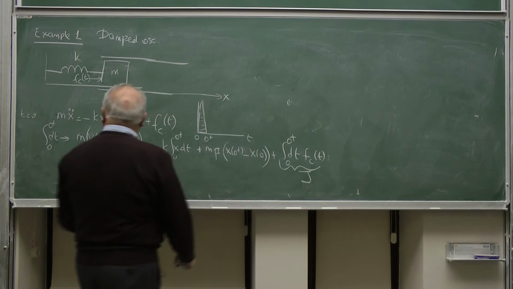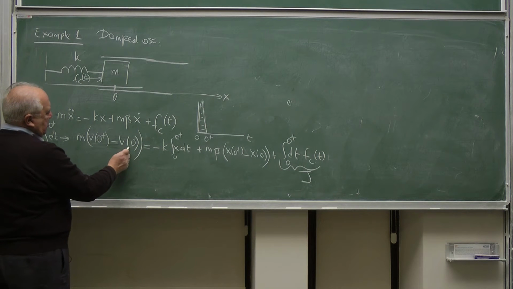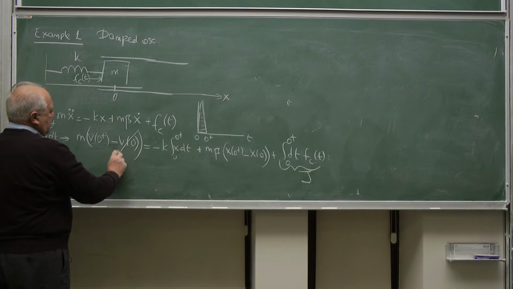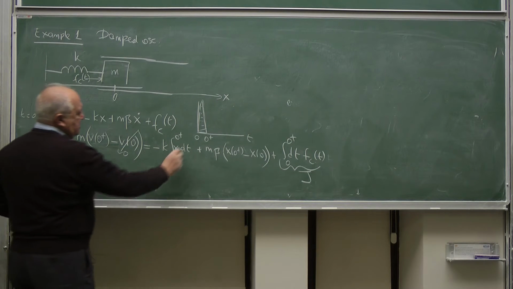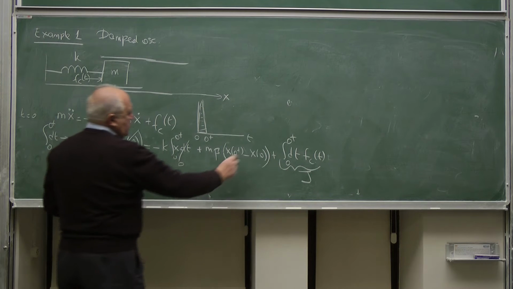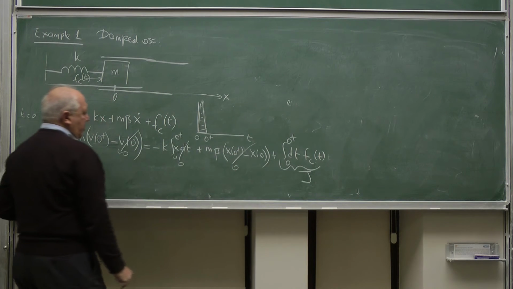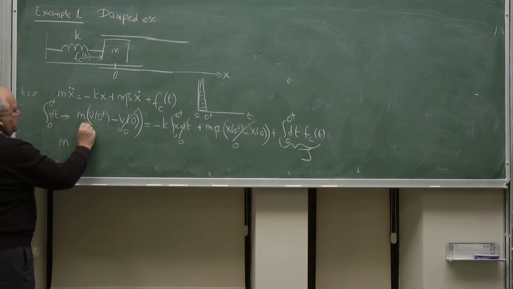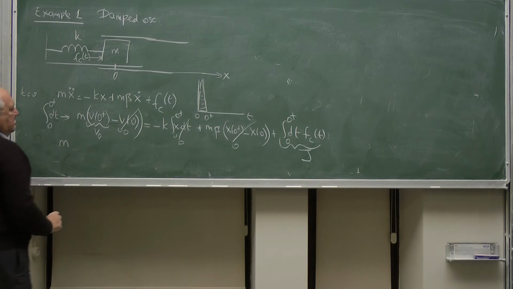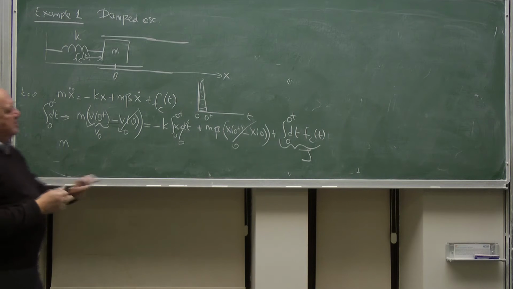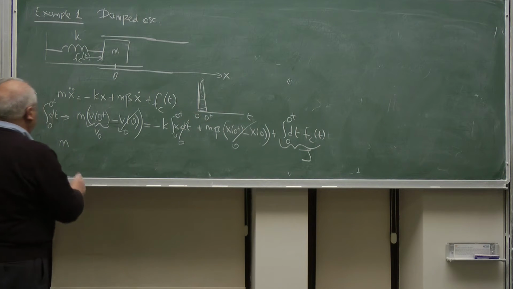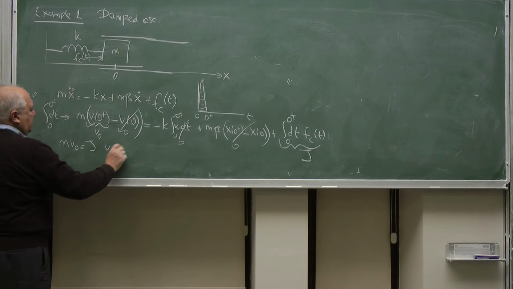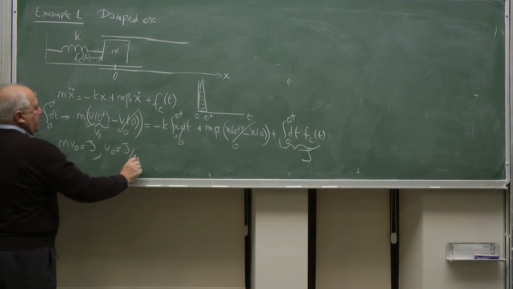So the total result is that originally our mass was at rest, so this is 0, this is 0, this is 0. The thing is that m times v0, and this we shall now call v0, namely the velocity at the end of the application of the impulse. m v0 is equal to j, or v0 is j over m. That's the thing.